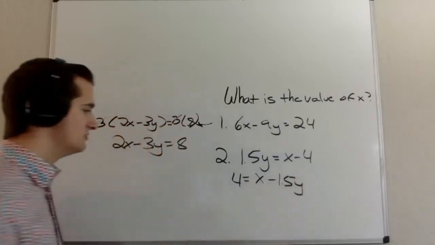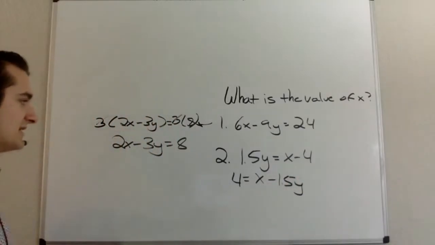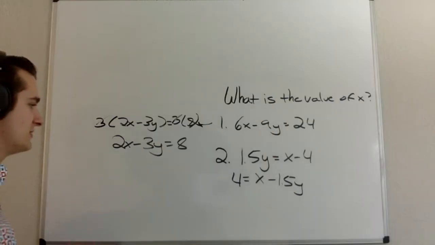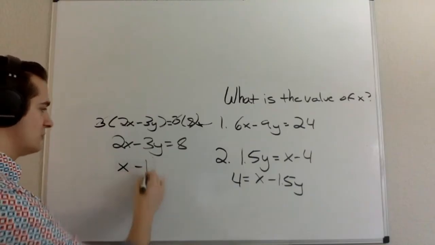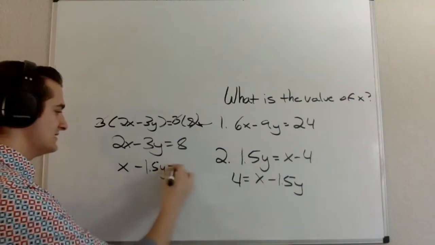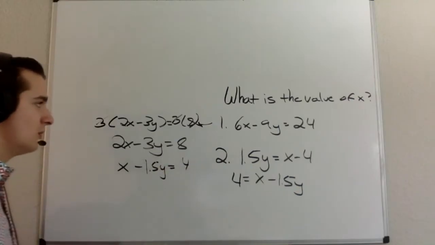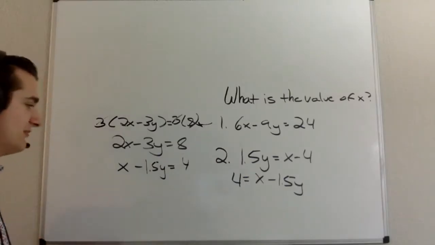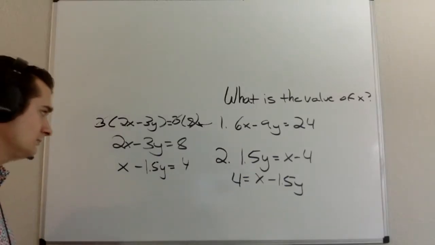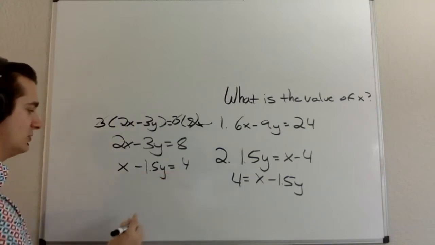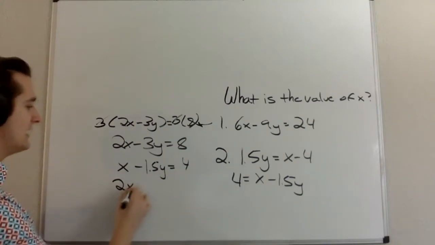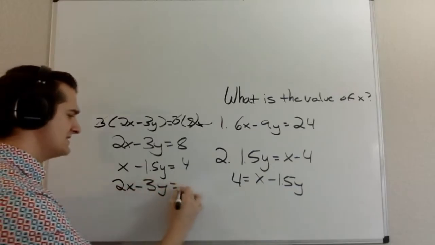And then, just to make sure that I am going to be able to solve this, I'm going to line it up here, and I'm going to say, okay, x minus 1.5y is equal to 4, because the one thing that I know is I do need 2 different equations. And what I'll quickly notice here is that if I multiply this second equation by 2, I get 2x minus 3y is equal to 8.